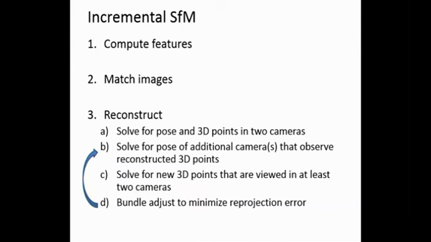And then you do reconstruction, where you iteratively, first you initialize by solving for pose and 3D points from two cameras, and then you iteratively solve for the pose of another camera that has points in common with the first ones, and then solve for new 3D points that are seen by at least two cameras with reconstructed poses, and do bundle adjustment to try to minimize the reprojection error, and then keep on repeating that.